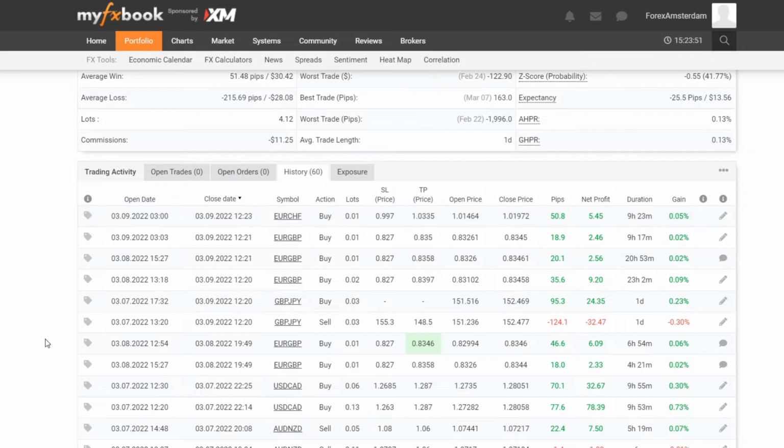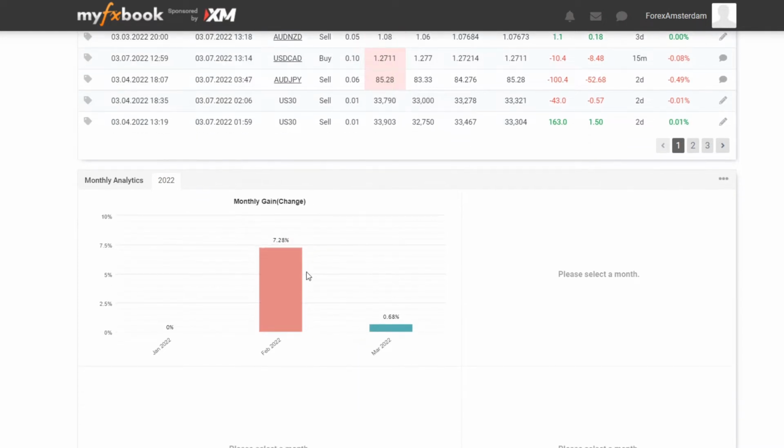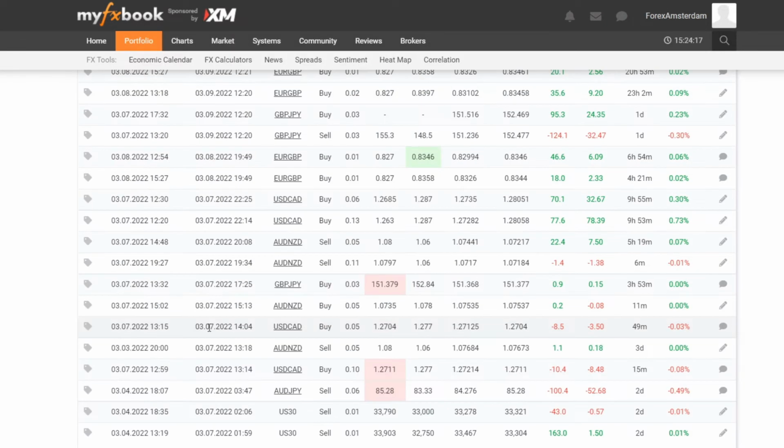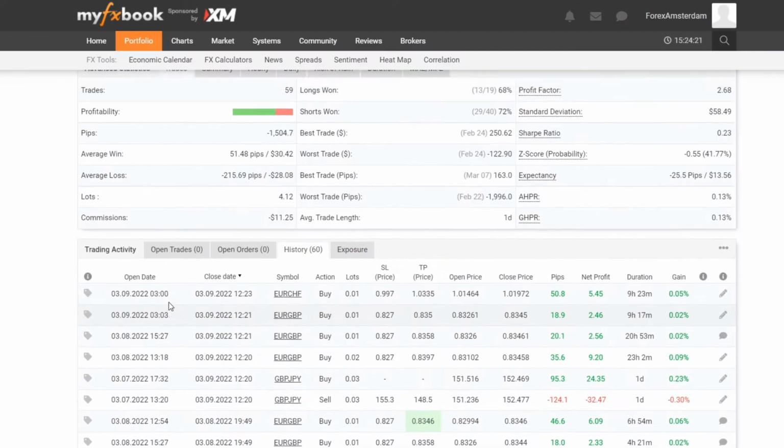So within 3 weeks I finished the challenge, and basically, as you can see, I almost made 8% in 1 month, so 7.28% in 1 month and 0.68% in the following month, and it was basically 9 days that I traded.